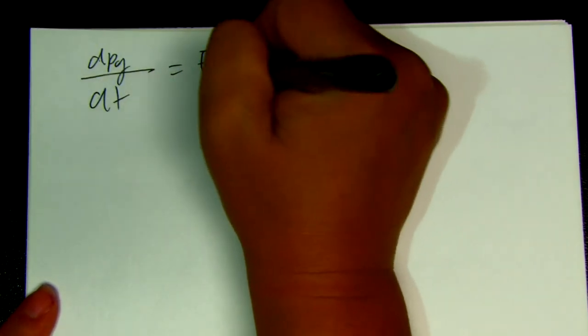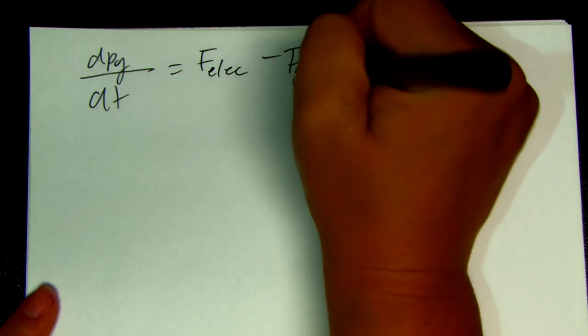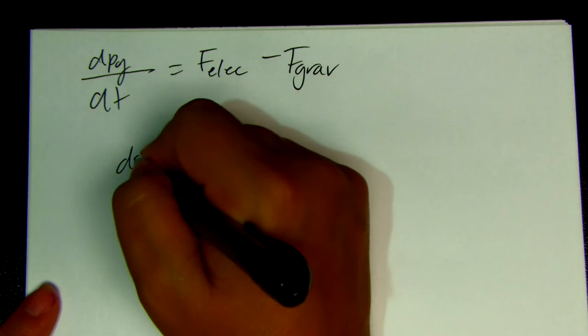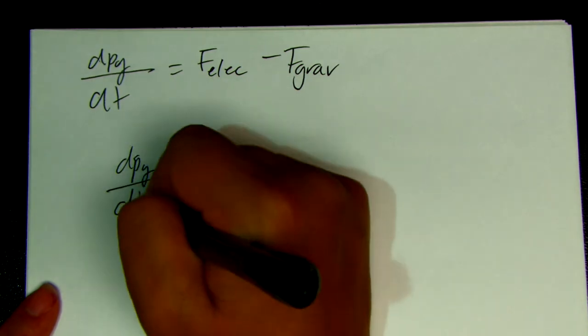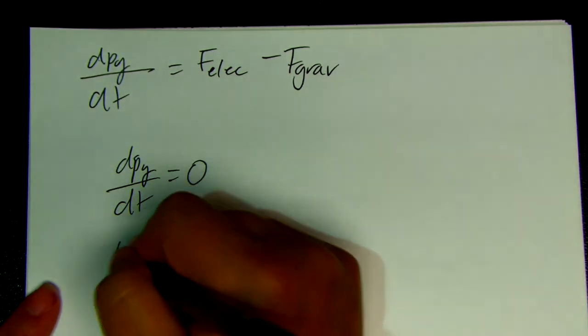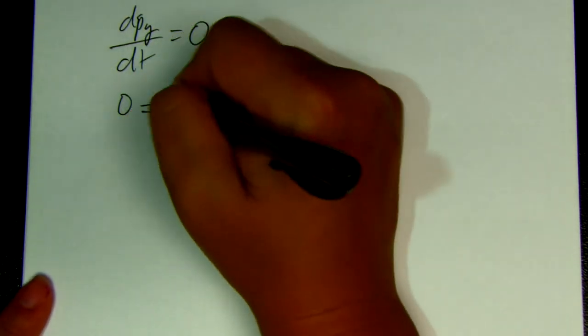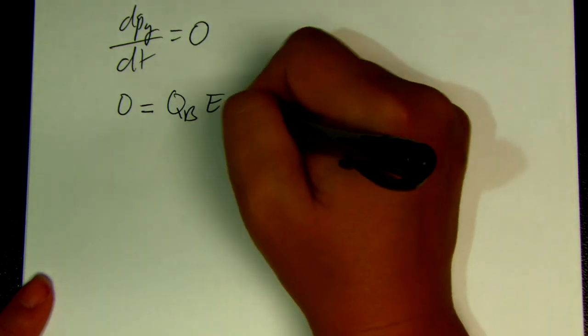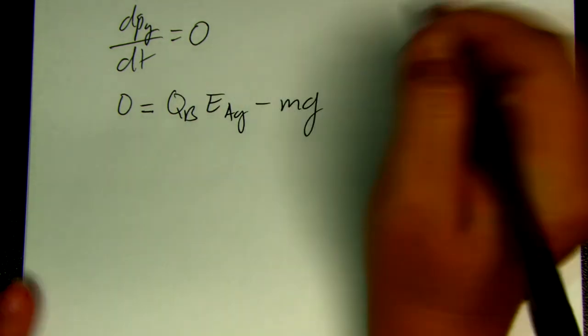One-take wonders. So dp/dt is equal to the electric force minus the force due to gravity. We're now in a static situation, so dp_y/dt is equal to 0. So 0 is equal to q_B E_A,y minus mg.